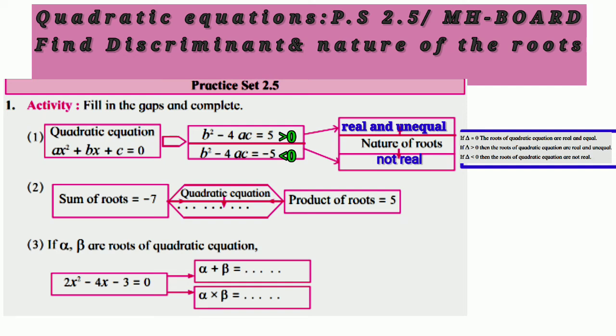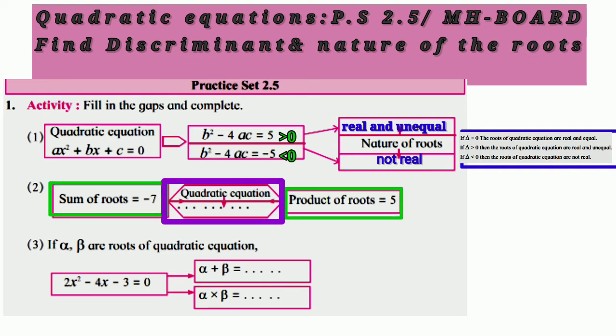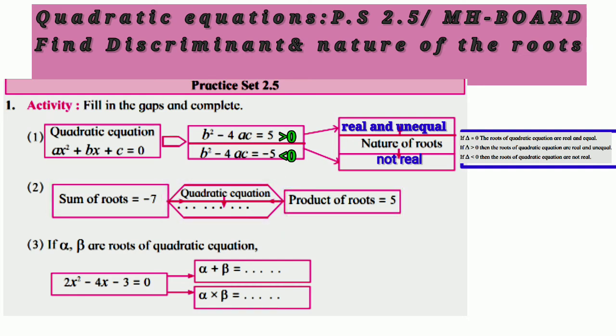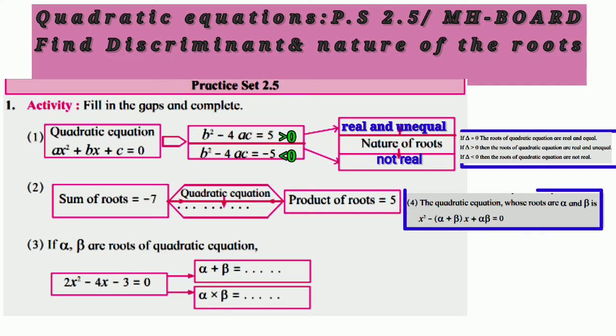In question 2, we are given the sum of roots and the product of roots. Using these values, we have to write the quadratic equation. The quadratic equation whose roots are alpha and beta is x square minus (alpha plus beta) x plus alpha into beta equals 0.